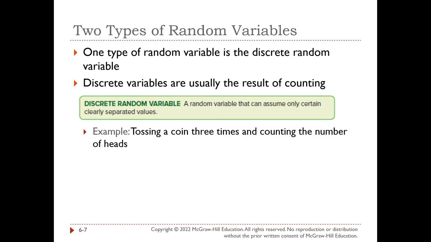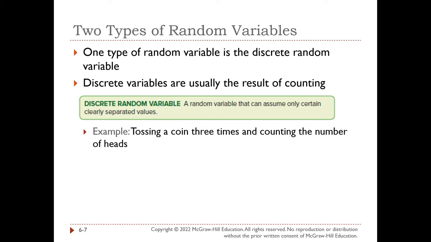Two types of random variables. One type of random variable is the discrete random variable. A discrete random variable is usually the result of counting, so it clearly has separated values.